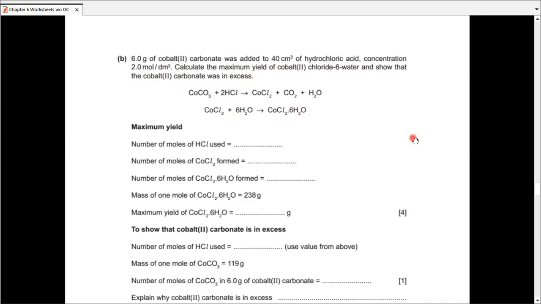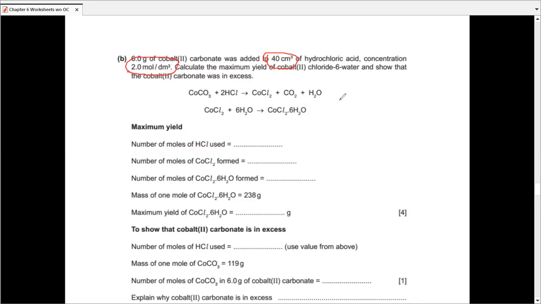Now, he has already made a statement and we just need to prove it. In order to prove it, he has already laid out the steps which we are going to follow. To find the maximum yield, the maximum amount of product that we can form, the first thing we need to calculate is the number of moles of HCl used. For HCl, we have two pieces of information. The first is the volume of HCl, 40 cubic centimeter, and the second is the concentration, 2 mole per decimeter cube.